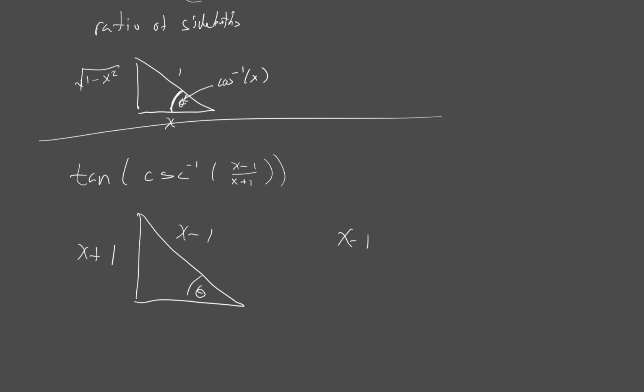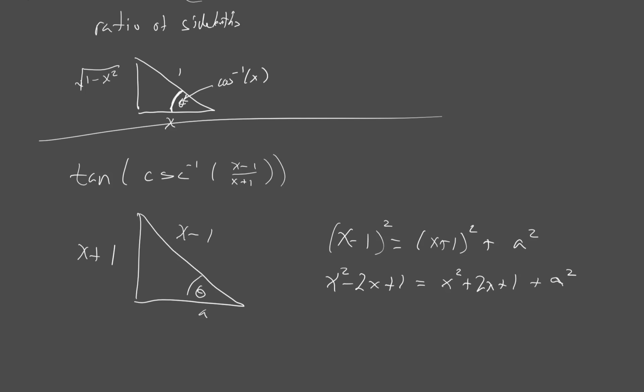So I know that (x minus 1) squared equals (x plus 1) squared plus the adjacent squared. I don't know what a is yet, but I can figure out what a is in terms of these. So I've got x squared minus 2x plus 1 equals x squared plus 2x plus 1 plus a squared.